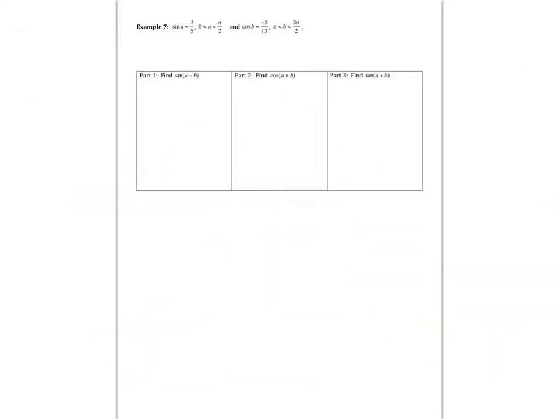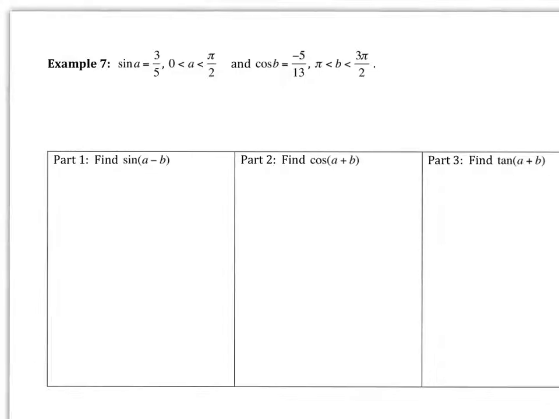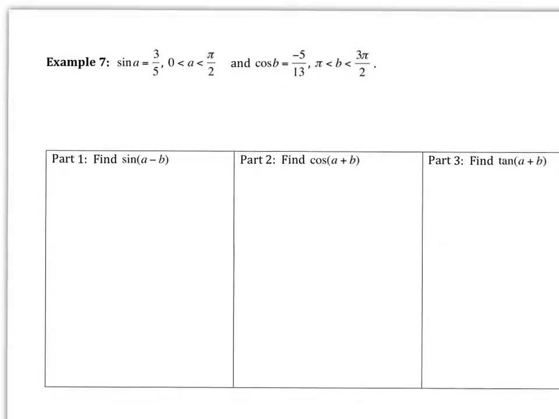All right, let's go to the third page then, okay? So here we've got sine of A is equal to 3/5, and it's telling you that it's in the first quadrant, okay? And then cosine of B is in the third quadrant, okay?